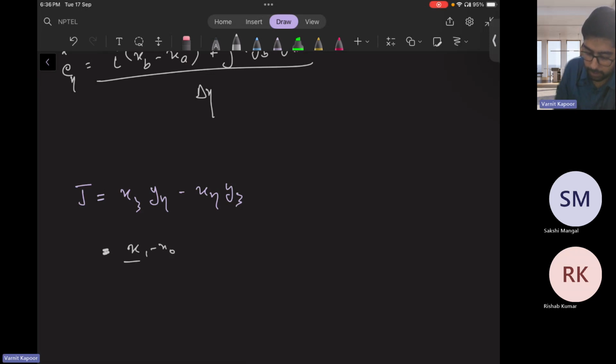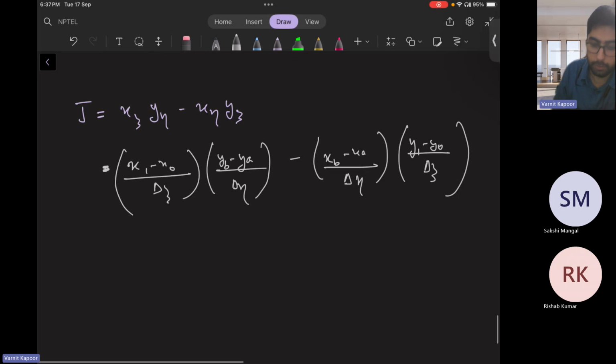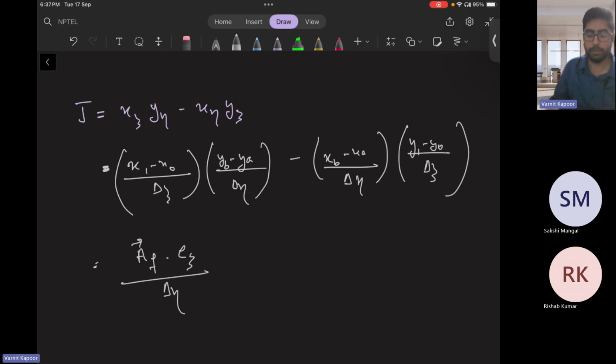That was (x1 minus x0) over del zeta into (yb minus ya) over del eta, minus (xb minus xa) over del eta into (y1 minus y0) over del zeta. So if you rearrange and write it in a compact form, that can be written as EF dot e zeta over del eta. All this has been taught by the prof, so just giving a brief of everything.